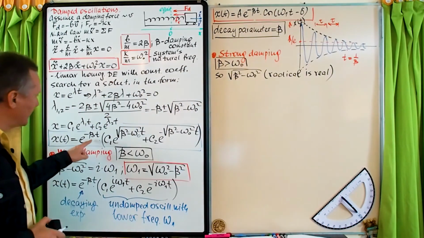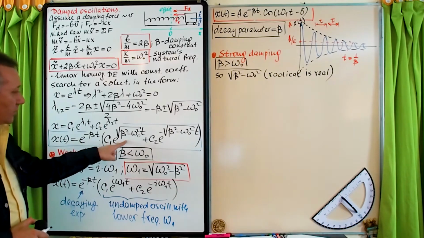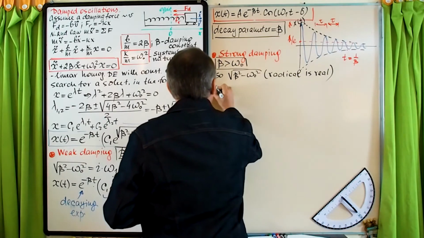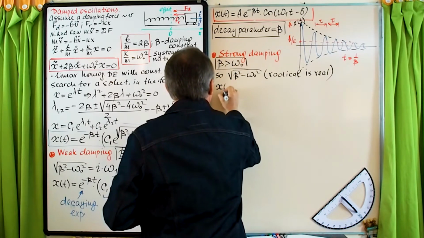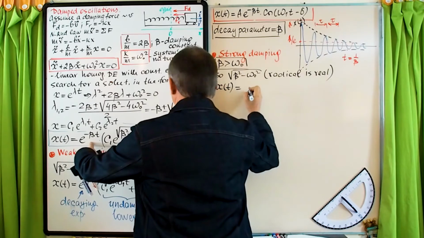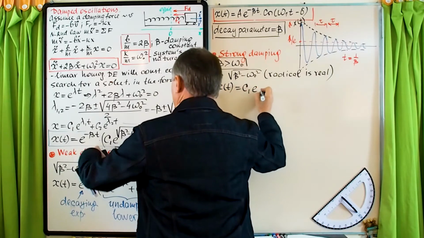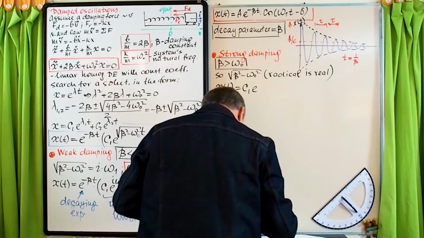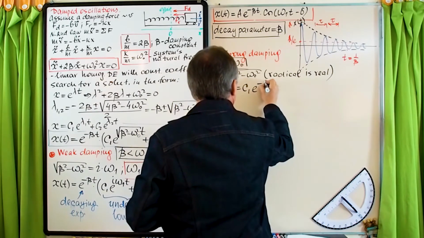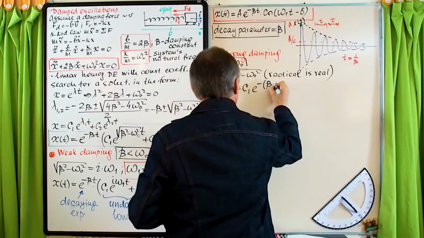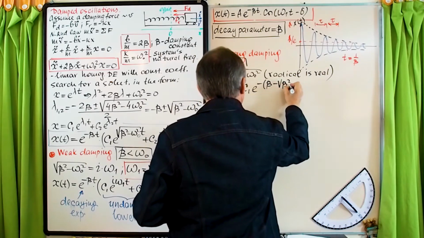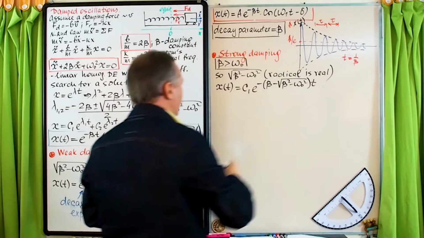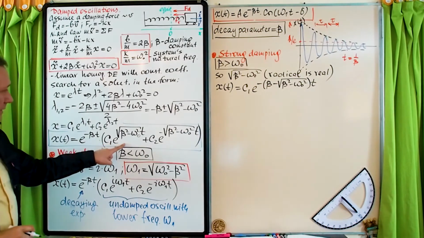form. I will just combine this exponential term with that one, because it will be easier to get a decay parameter. I have to rewrite the solution. So it will be C1 e to the power of minus beta minus square root of beta squared minus omega naught squared, times t. It's this times that, right?